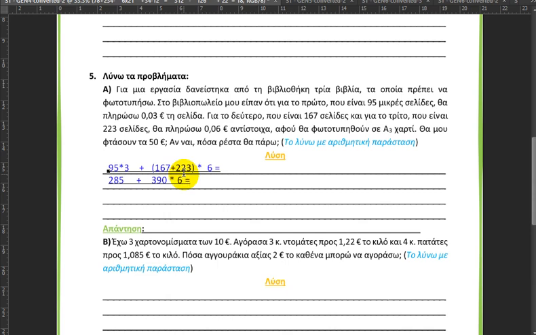And this is equal to 285 plus, if it was 400, this would normally be 2,400, but minus 60 because it's 10. It's going to give us 2,340.